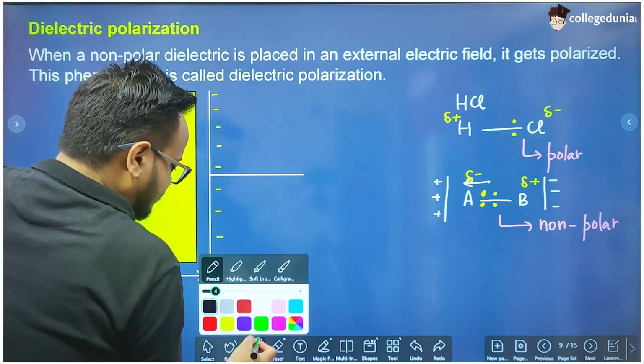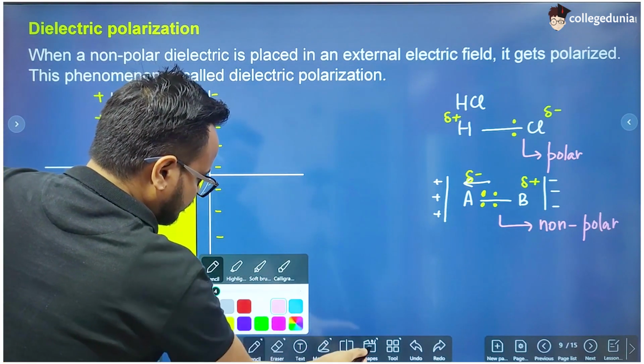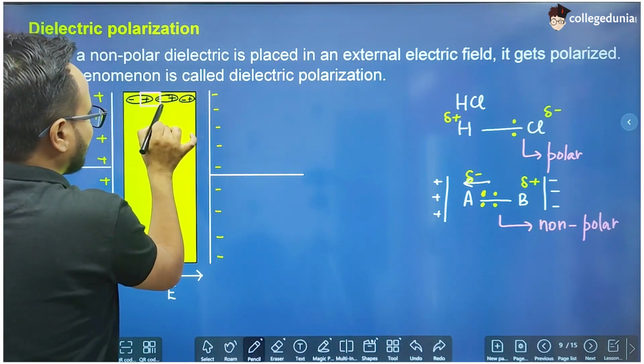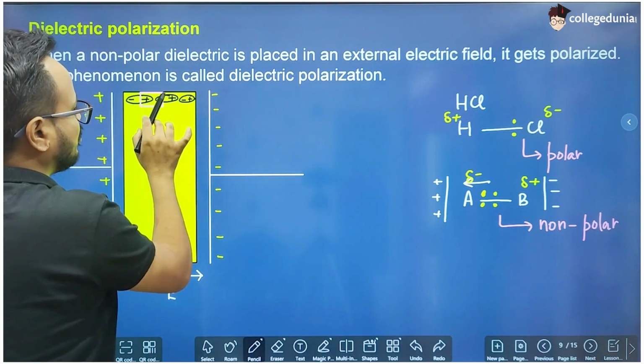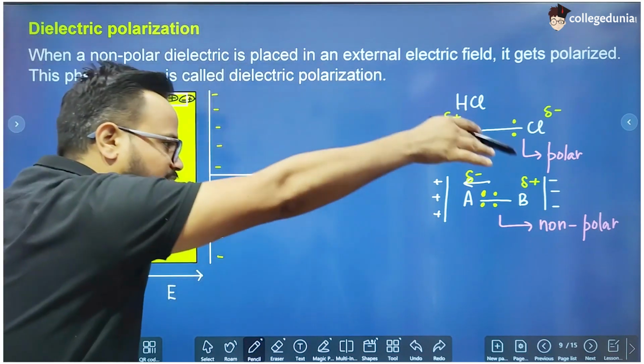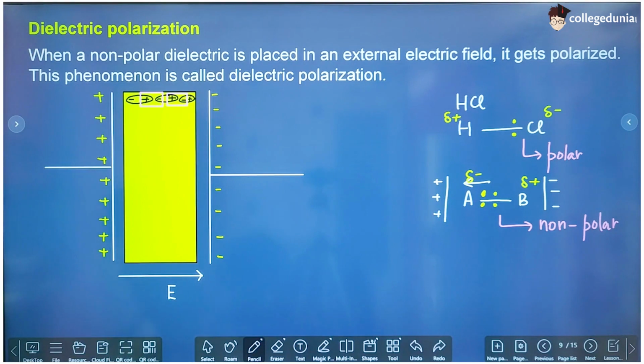So this positive will cancel the negative of this molecule, this positive will cancel the negative of this molecule, this positive will cancel the negative of the next molecule.